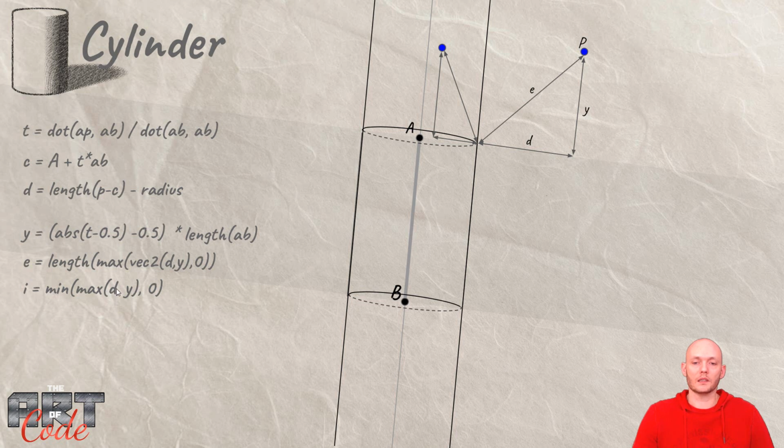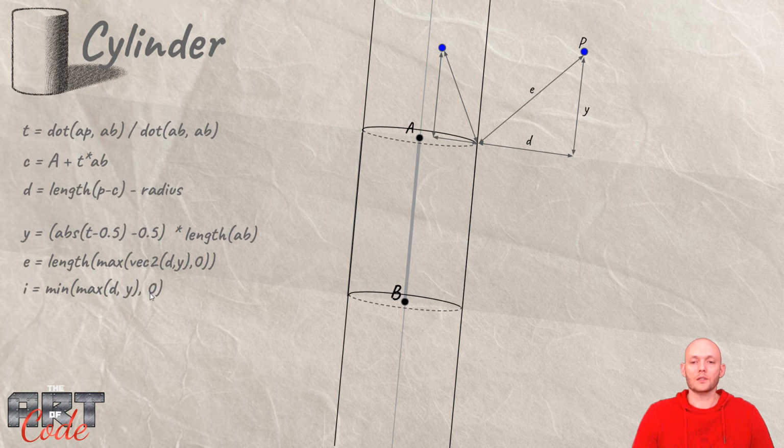And the way this is done here is that we basically have two distances, right? We have the y distance, which is the distance to the caps, and then we have this d distance, which is the distance to the infinite cylinder. For any point inside of here, we want to take the largest of those two values. Remember that inside of the object, my distance is negative. So if I take the largest of those two, then I still get the number that is the closest to 0.